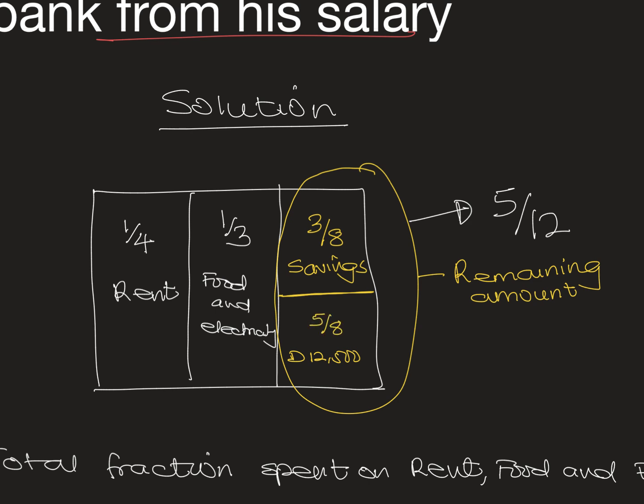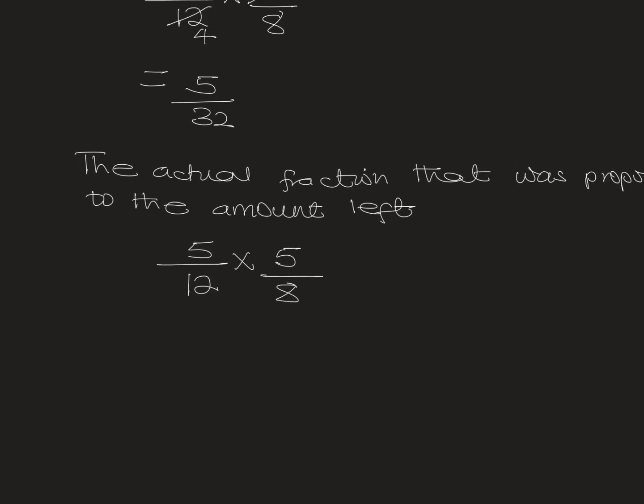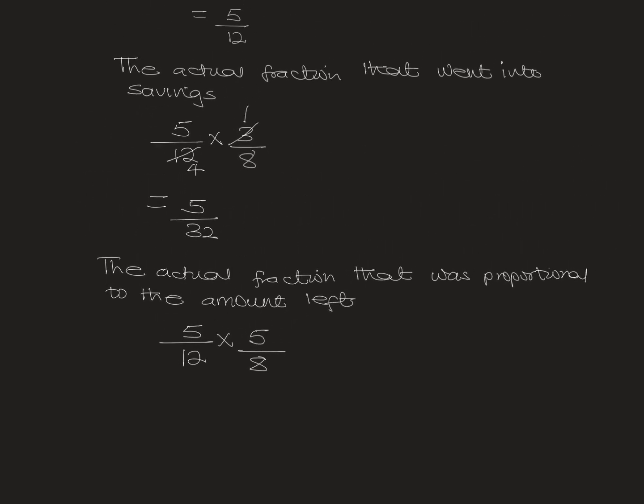Okay? So it means 3 over 8 of 5 over 12 went to savings, and 5 over 8 of 5 over 12 was the amount that was left with him as $12,500. In that case, 5 times 5 is 25 all over 12 times 8 is 96. Okay, so which means 25 over 96 of the total amount was proportional to the $12,500.